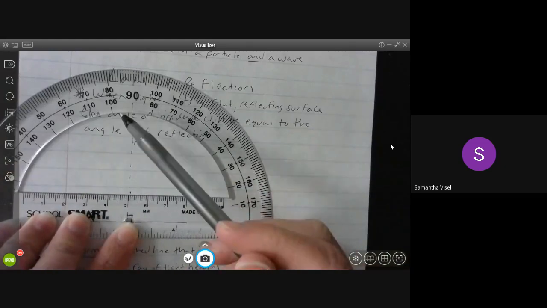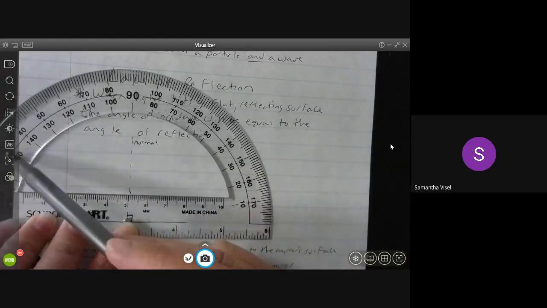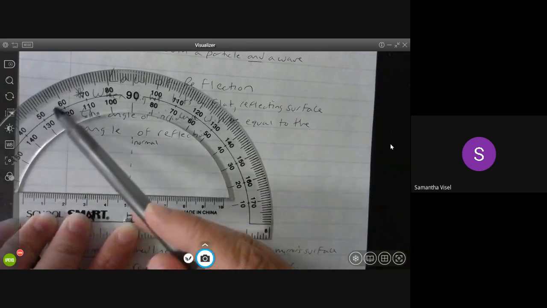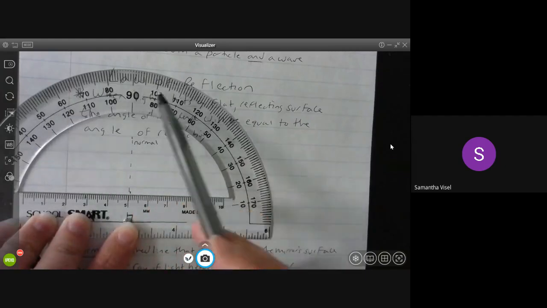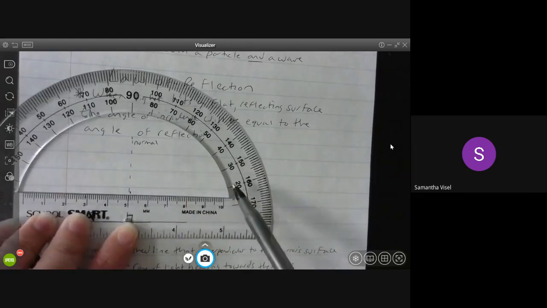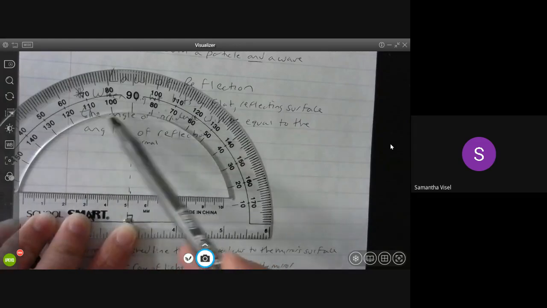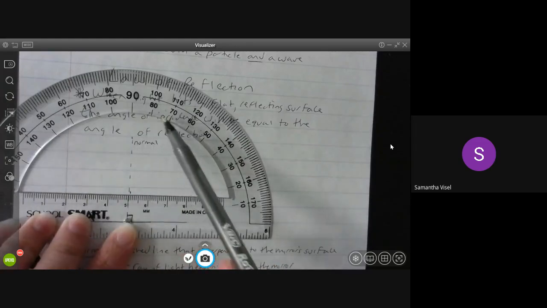All right, so any angle that is less than 90, if you notice up at the top, I have those listed. Once we get to 90, on this side it gets bigger all the way down to 180. And then on the inside, if I was going the opposite way, then I have those larger angles. And then over here, I have those smaller angles.